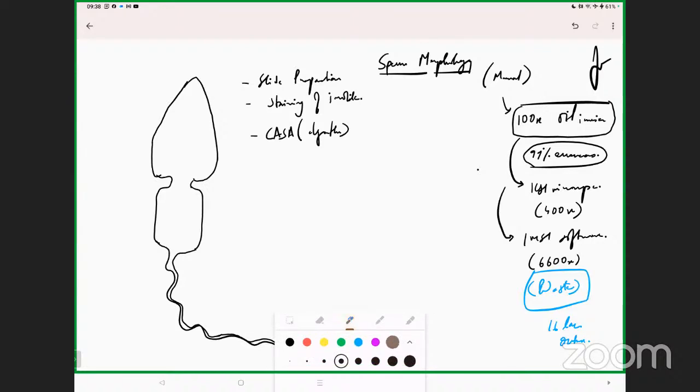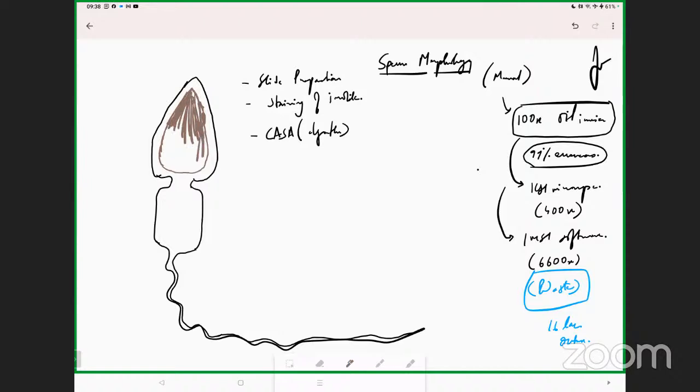So coming to sperm morphology, just remember one thing. 90% of this morphology is in the sperm head. This is what really matters, because after the sperm reaches the oocyte and reaches the cumulus of the oocyte, it is important that the shape of the head is right.